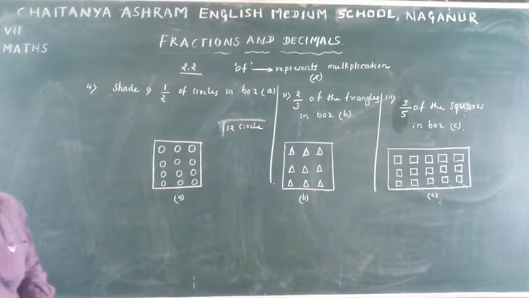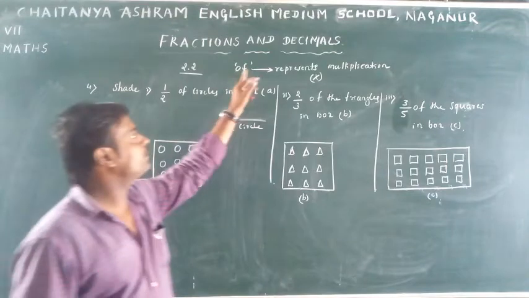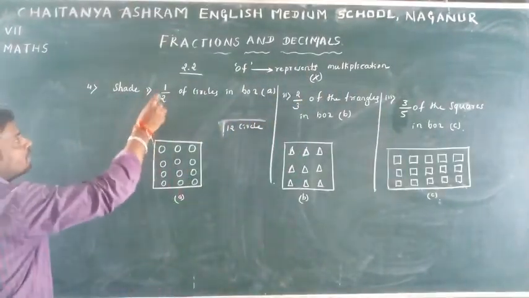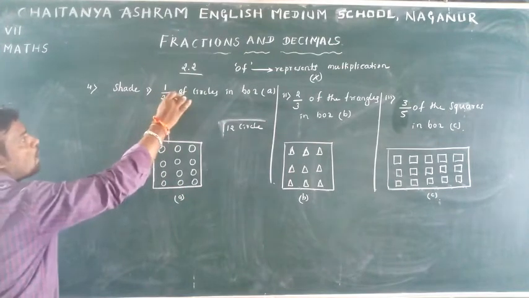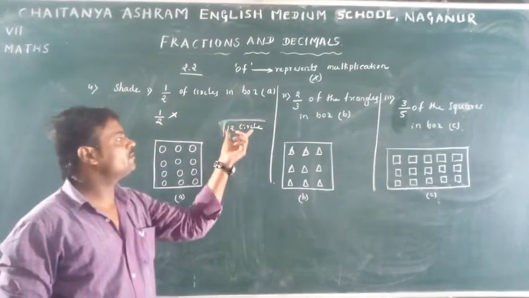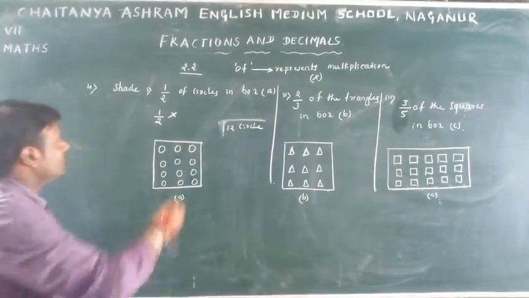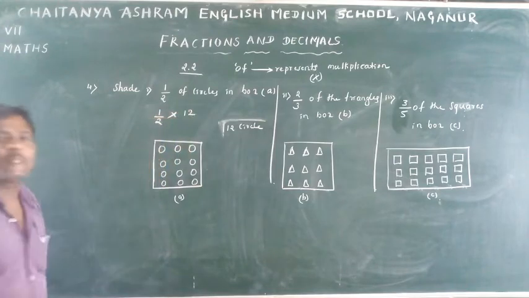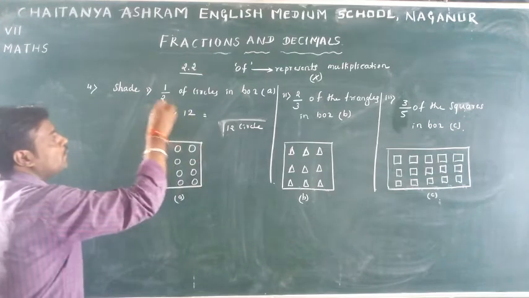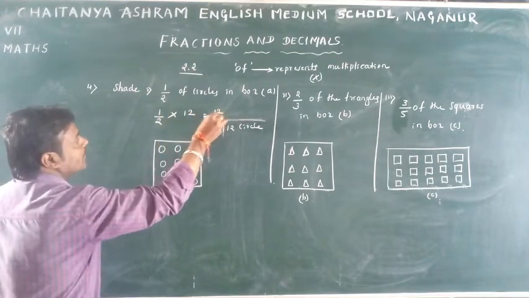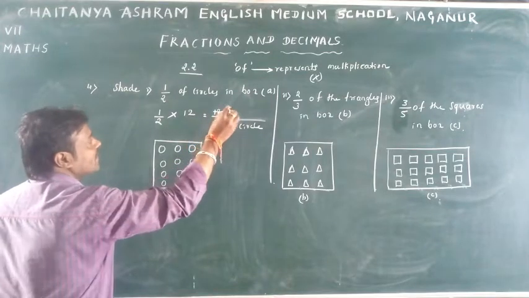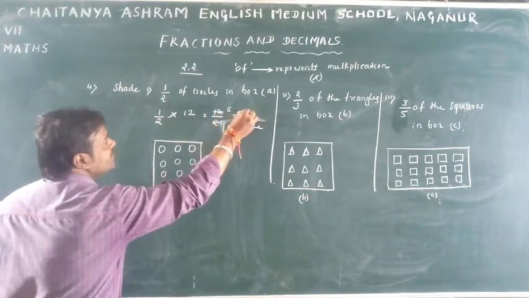Or use that concept that "of" represents multiplication. So half means 1/2, and "of" means multiplication. What is the total number of circles in the box? 12. What is the half of 12? Just multiply. 12 into 1 over 2. Two ones are 2, two sixes are 12, so 6 divided by 1 is 6.